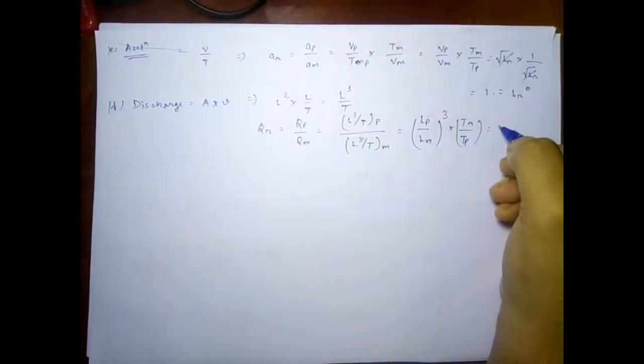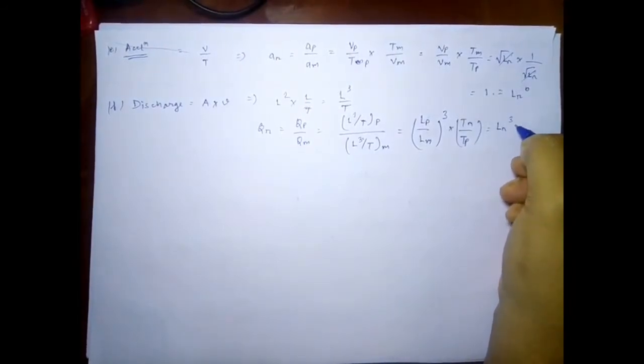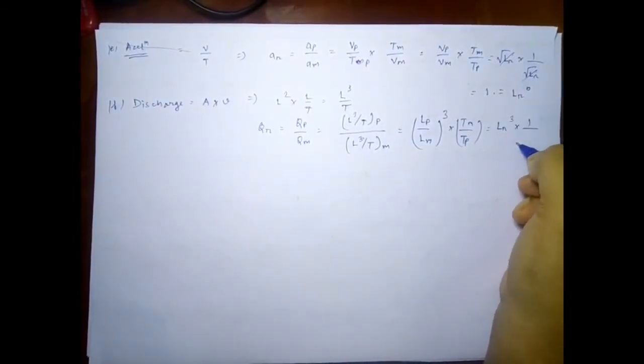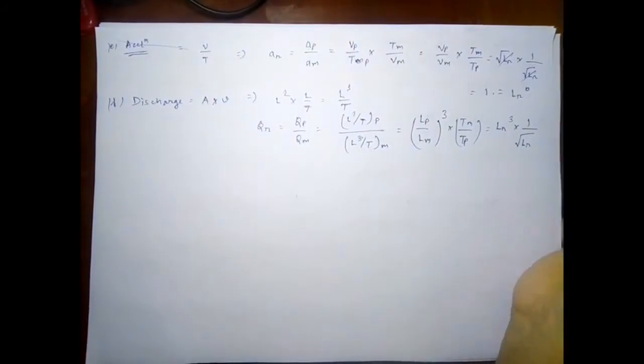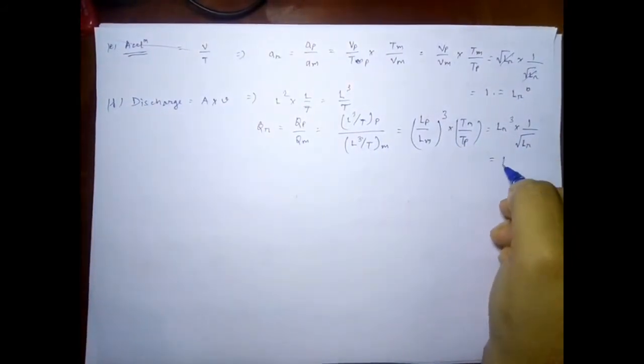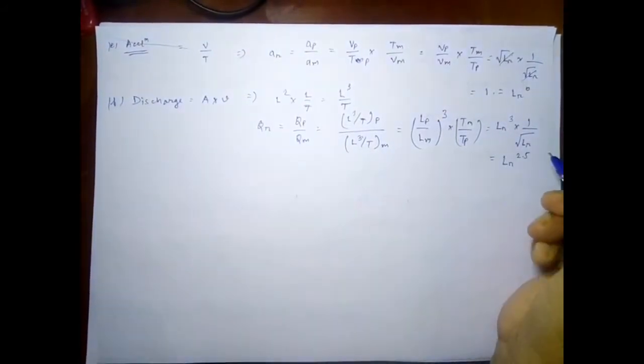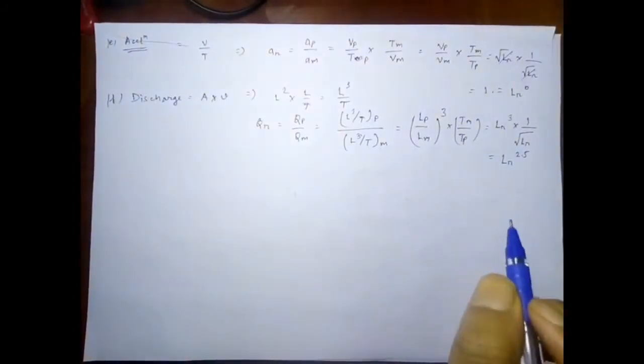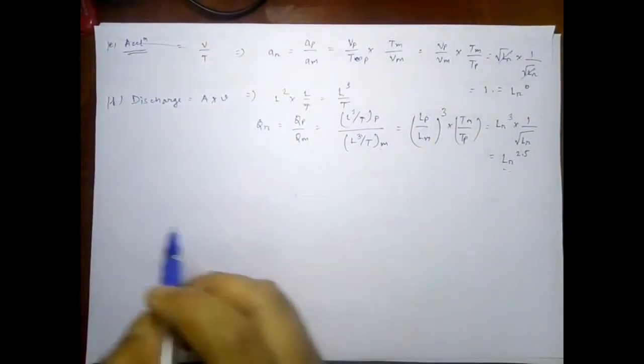So it is LR cube multiplied by 1 upon square root of LR, and it is equal to LR to the power 2.5. This is the scale ratio for discharge.